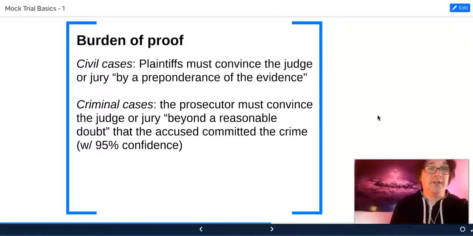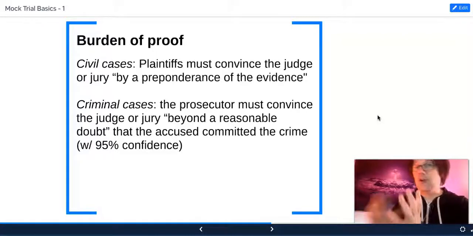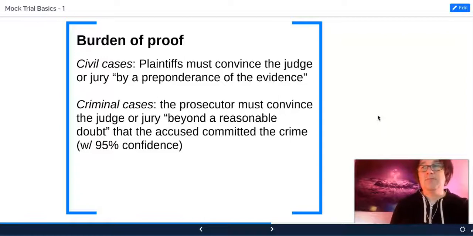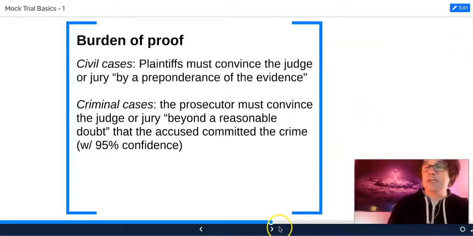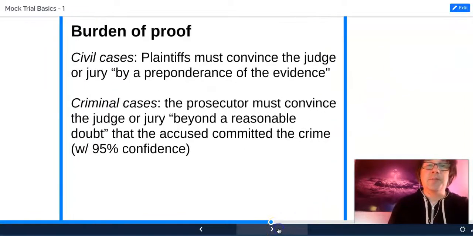So beyond a reasonable doubt is considered about 95% confidence. So it's not beyond all doubt. That would be impossible, but beyond a reasonable doubt. So you gotta be pretty darn sure before you convict somebody or find them guilty.